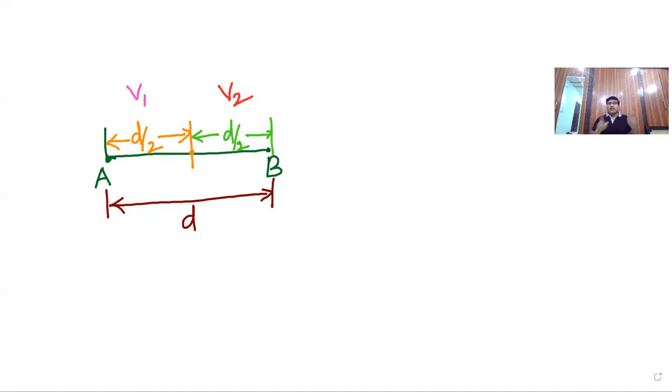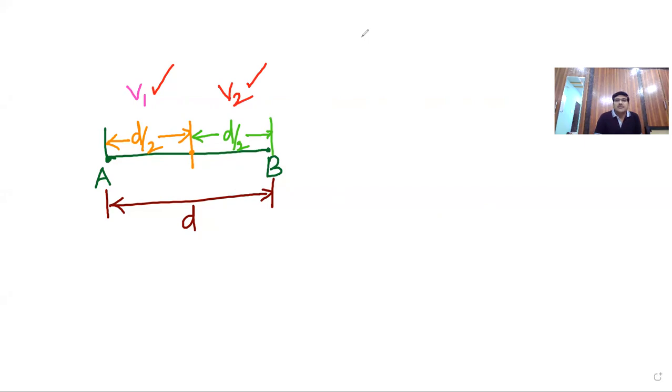Have the clarity. A is one point, B is another point. The distance between AB is, let us say, D. Half of the distance, D by 2, is covered at a speed of V1. The remaining half, D by 2, is covered at a speed of V2.